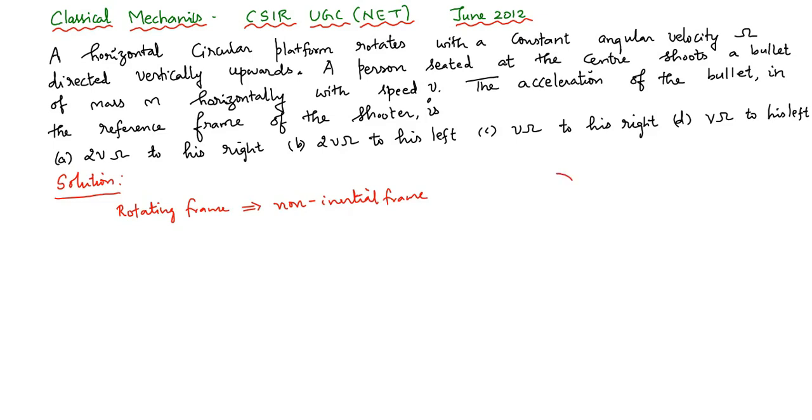So if you see a circular platform from the top view, it will look like this, and if we draw the xy axes, this is the x axis, this is the y axis. This is the top view, so we see the circular platform from the top.